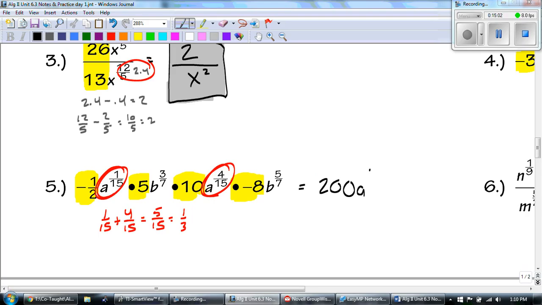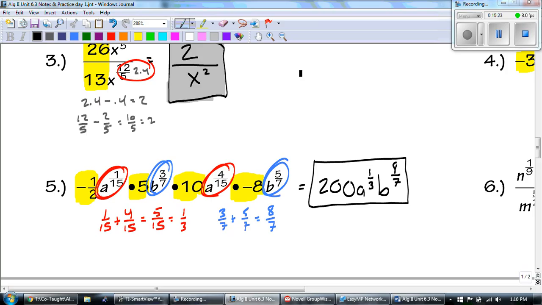Okay, so that gives us a to the 1/3, and then b to the 3/7 and b to the 5/7. 3/7 plus 5/7. 3 plus 5 is 8. Okay, and if you're not good with your fractions, just use your calculator. You can do all of that in there.